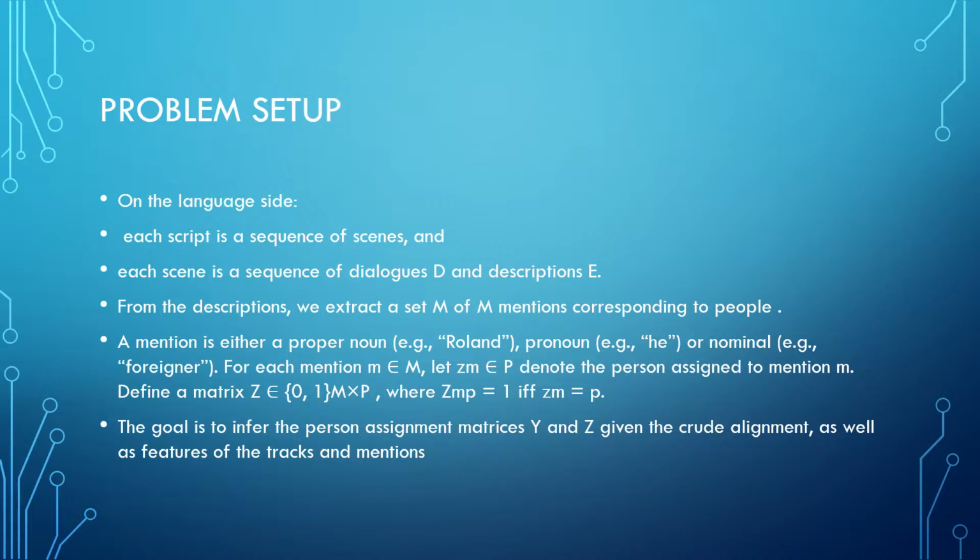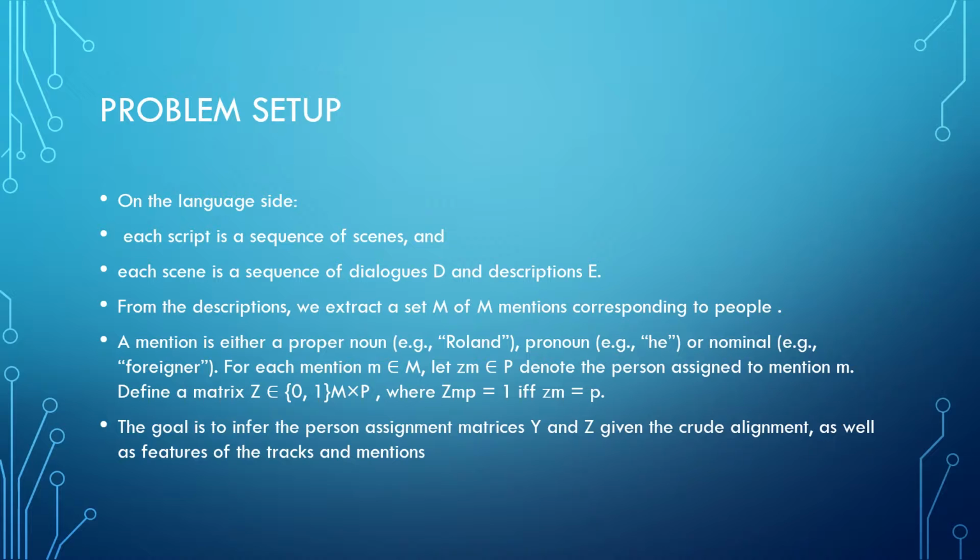On the language side, each script is a sequence of scenes, and each scene is a sequence of dialogues, D, and descriptions, E. For descriptions, we extract a set M of mentions corresponding to people. A mention is either a proper noun, e.g. Roland, a pronoun, e.g. he, or nominal, e.g. foreigner.